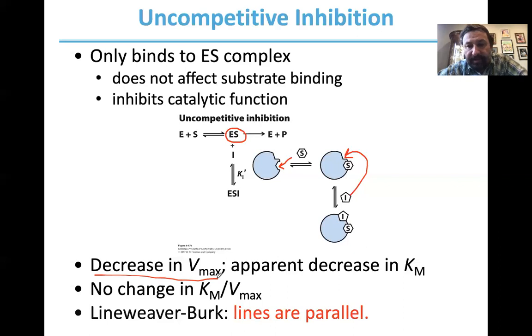And so for Km, it says here apparent decrease in Km, but I need to think more about it. A decrease in Km means that the affinity of the substrate for the enzyme increases.